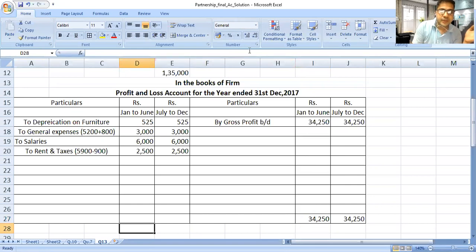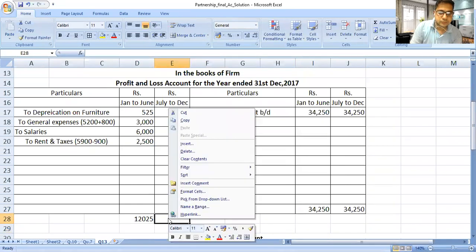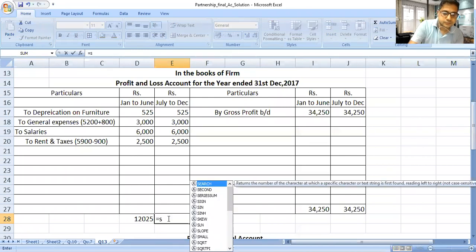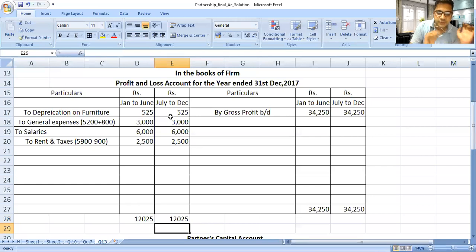From January to June the total is 12,025, and from July to December the total is 12,025. The same total is there. There is no problem.